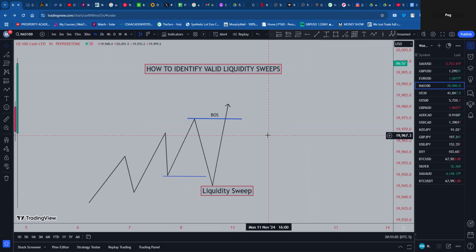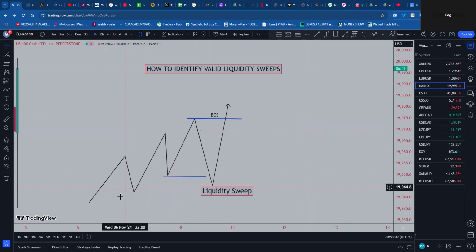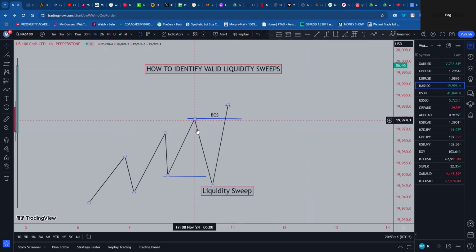So looking at this chart annotation, for instance, we're in an uptrend. You see that price broke this pullback here, or swing low. Price broke the swing low and pushed down.